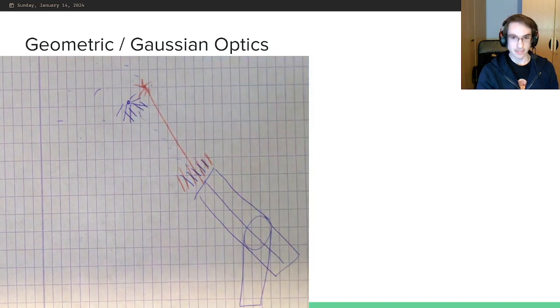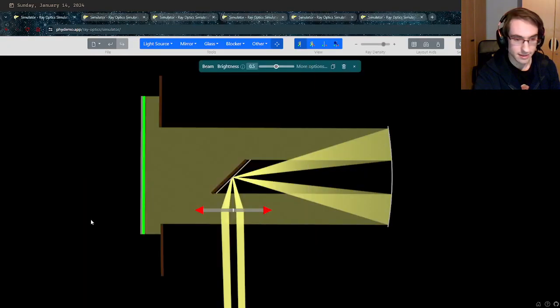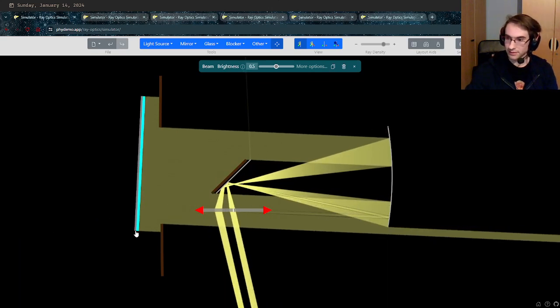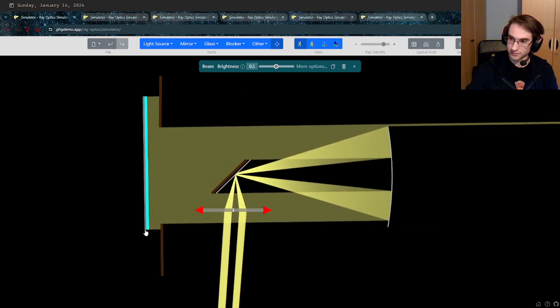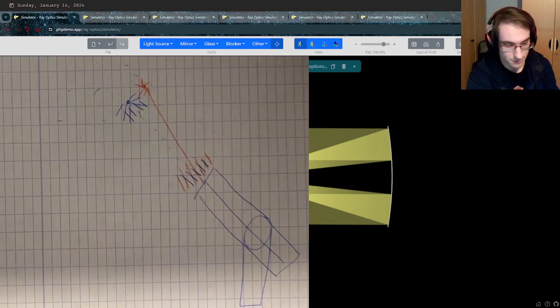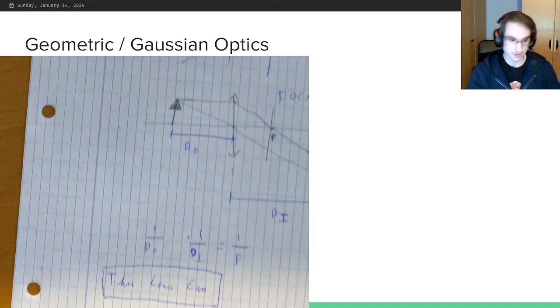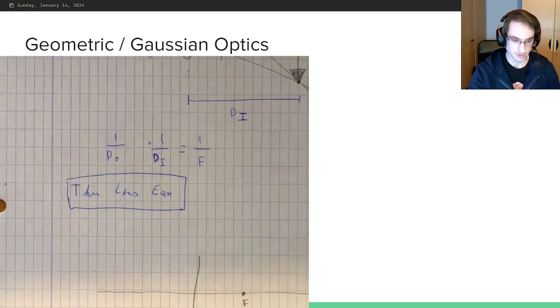This light that comes in at an angle, as we saw in these diagrams, changes the position of focus and it moves. And so we want to know how much it moves. And this we will do the math for because that's relatively simple. Let's go back to the first diagram.